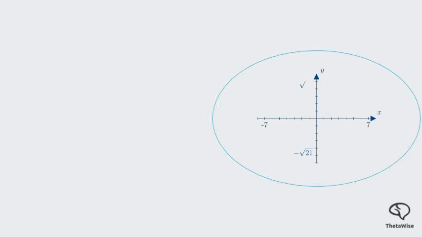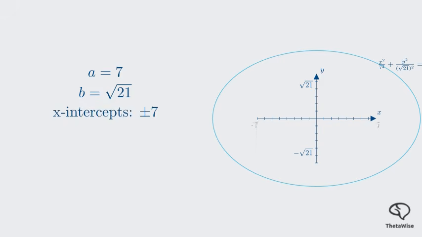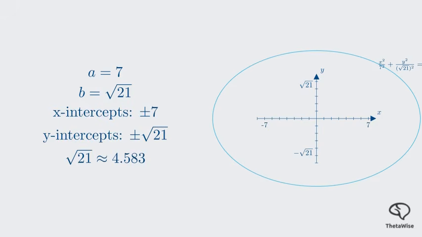We have the intercepts for our second equation, so we can now sketch the graph. Once again, we'll use the diagram provided for the final sketch. Our equation is x squared over 7 squared plus y squared over the square root of 21 squared equals 1. We found that a equals 7 and b equals the square root of 21. This means the ellipse will cross the x-axis at positive and negative 7, and the y-axis at positive and negative square root of 21.